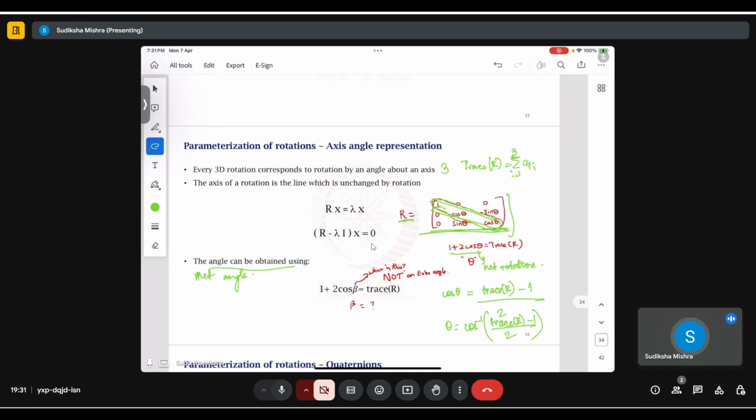So 1 plus 2 cos theta is equal to the trace of R. You won't know theta, so you can calculate it: cos theta is equal to trace R minus 1 by 2. So theta is equal to cos inverse of trace R minus 1 by 2.